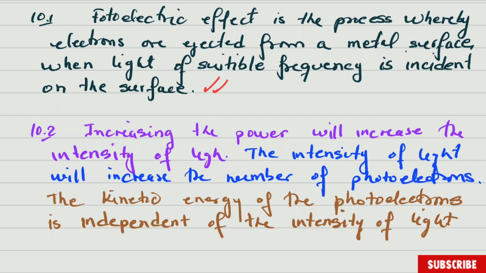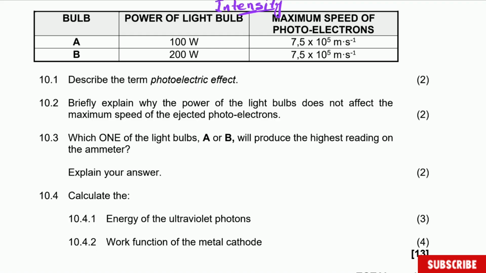Guys, the intensity of light, in other words how strong or weak the light is, will only affect the number of photoelectrons and not the kinetic energy of the photoelectrons. And this one is 2 marks. One for saying that, and one for saying that the kinetic energy does not get affected by the intensity of light.